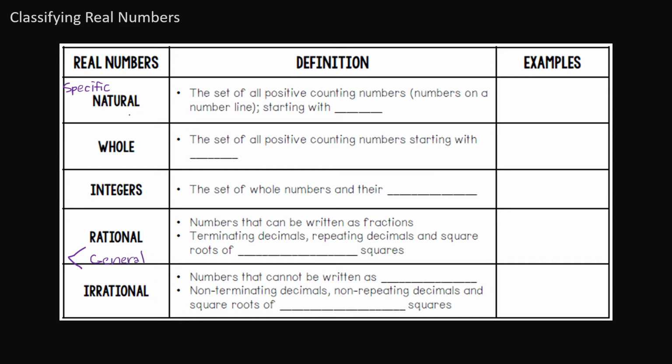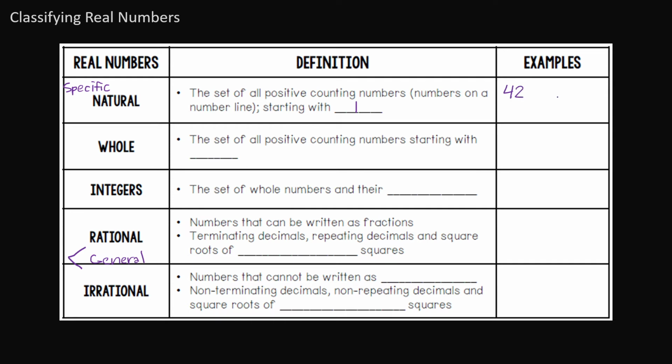So natural numbers, these are kind of like your counting numbers. This is how you started counting. This is the set of all positive counting numbers, numbers on a number line, starting with 1. Now let's provide some examples here, and I'll bring up some unique examples. So we've got the number 42.